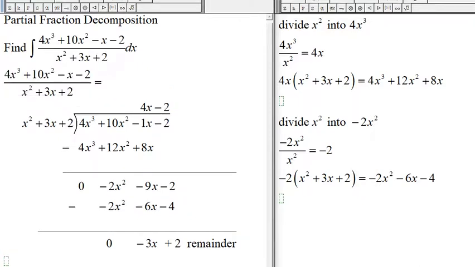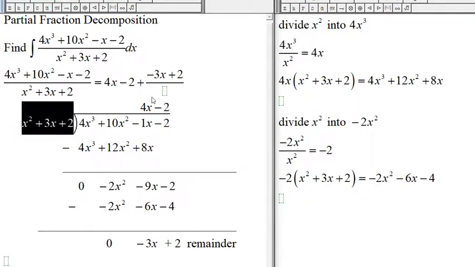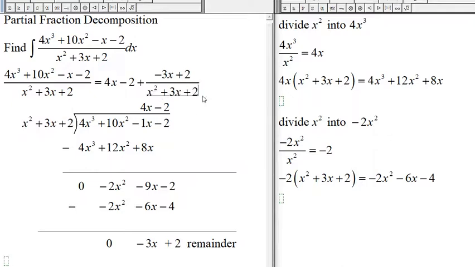This is going to equal 4x minus 2, that's the 4x minus 2 here, and then plus the remainder, which is negative 3x plus 2, divided by the x squared plus 3x plus 2. So dividing by the denominator here. So that's how we write the remainder.